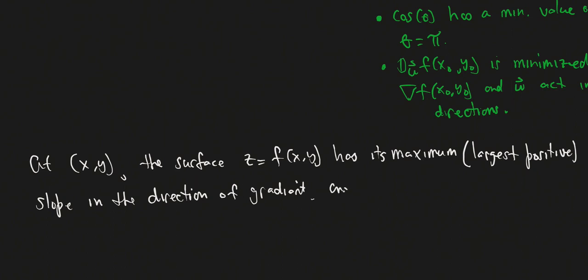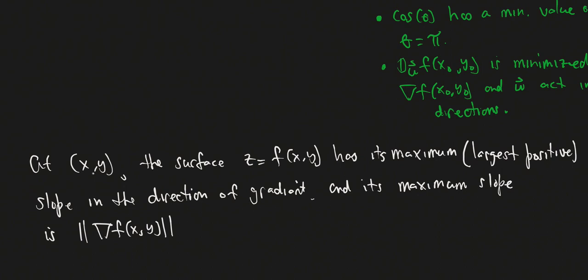And what is that maximum slope? The maximum slope is the magnitude of the gradient at whatever that point is. If you wanted to go ahead and put your x0, y0 there for a specific point, you could do that.